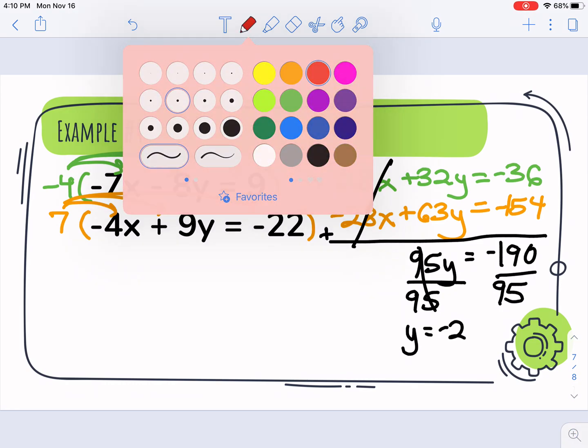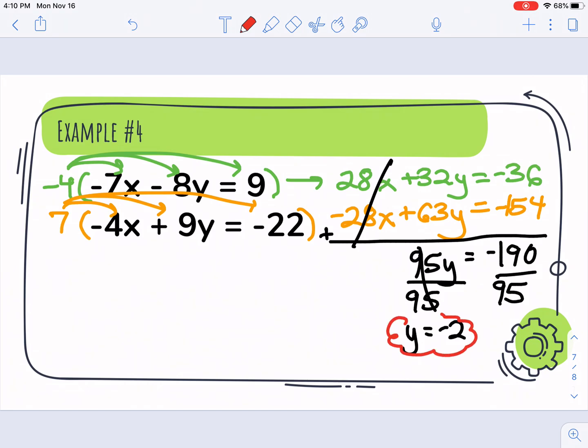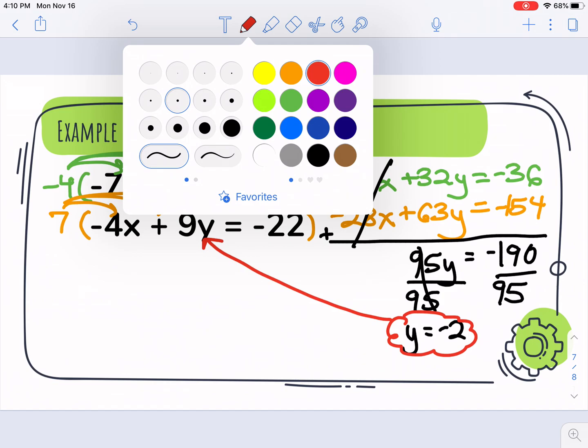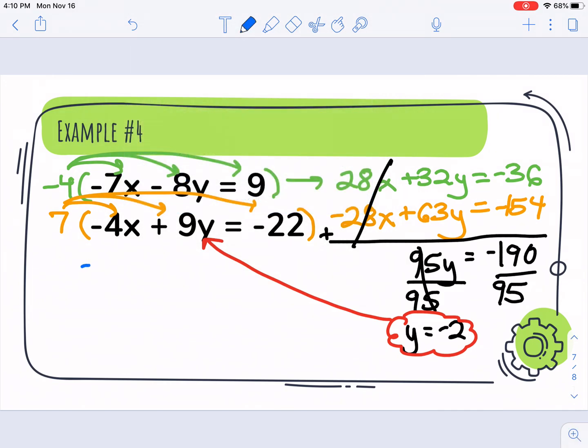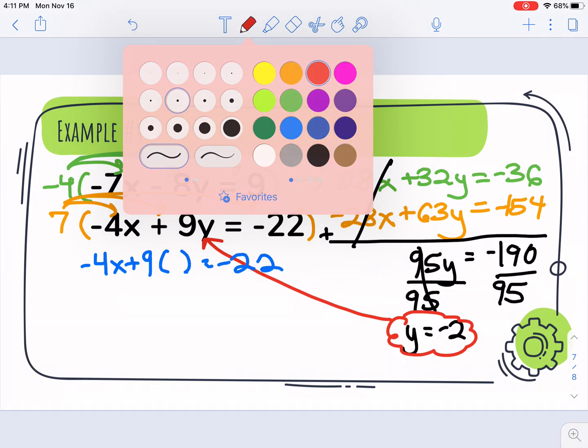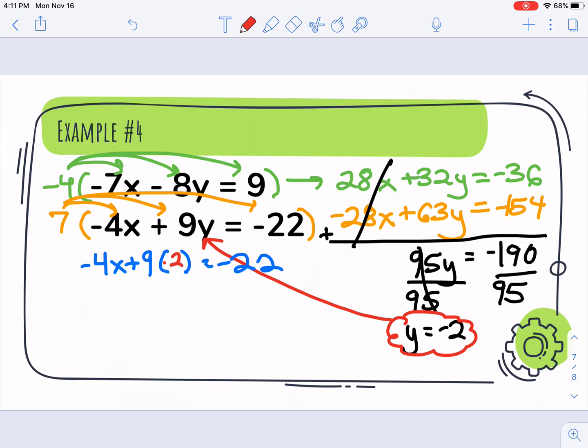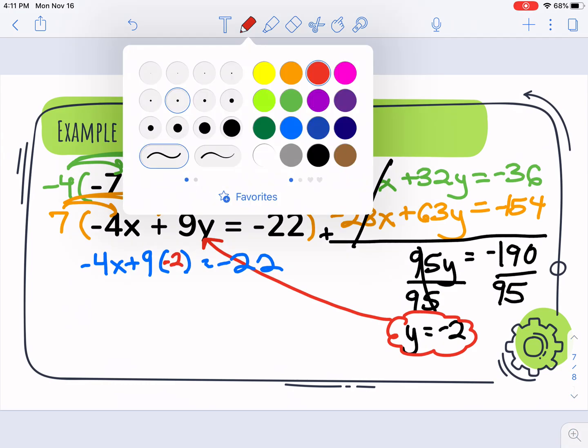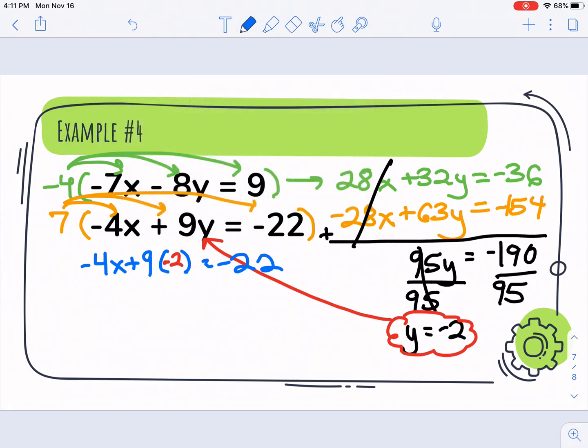So just like before, we can plug this into either equation. So I have negative 4x plus 9 times something equals negative 22. And that something is negative 2. So now I can solve for one variable at a time. Now I can solve for my x. Negative 4x minus 18 equals negative 22.